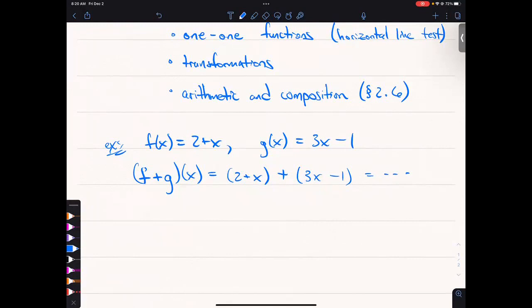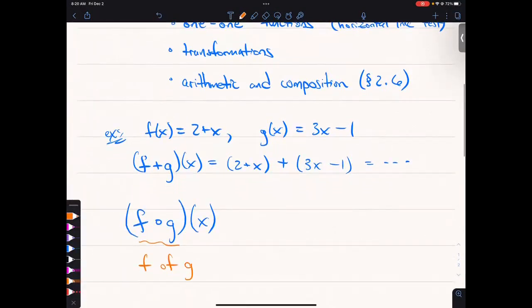Composition, though, is sort of a different thing altogether. You read that as f of g. What that means is that you take g and plug it into f, right? So wherever x, the input, the variable, the argument, shows up in f, you replace that with whatever g is.